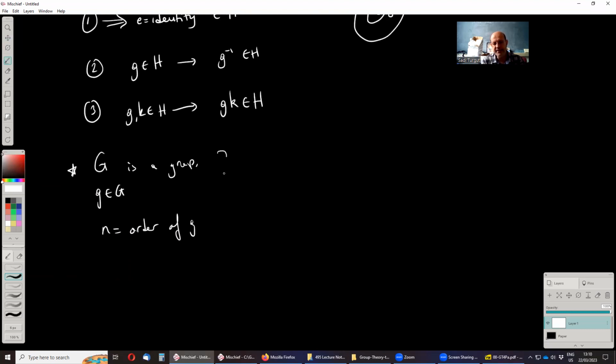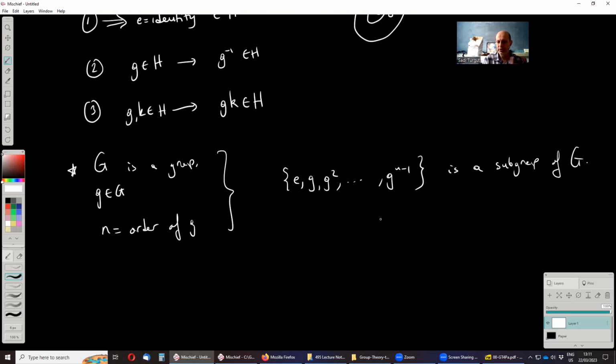In that case, the powers of this element, all the powers up until n minus 1, form a subgroup of G. This is the simplest subgroup that you can form.